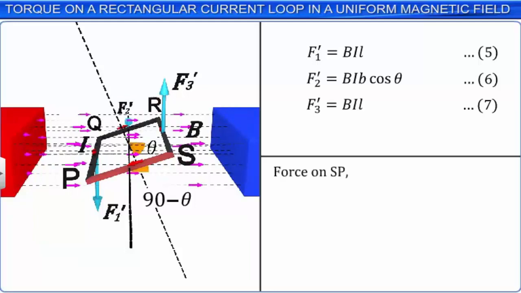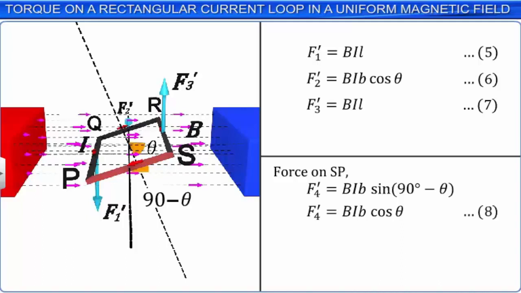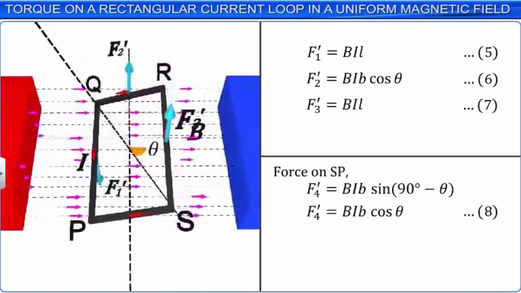Then, the force acting on the SP due to the magnetic field B is F4' = BIb sin(90 − θ), which is equal to BIb cos θ. Let this be equation 8. The direction of force F4' is obtained by using right-hand rule.